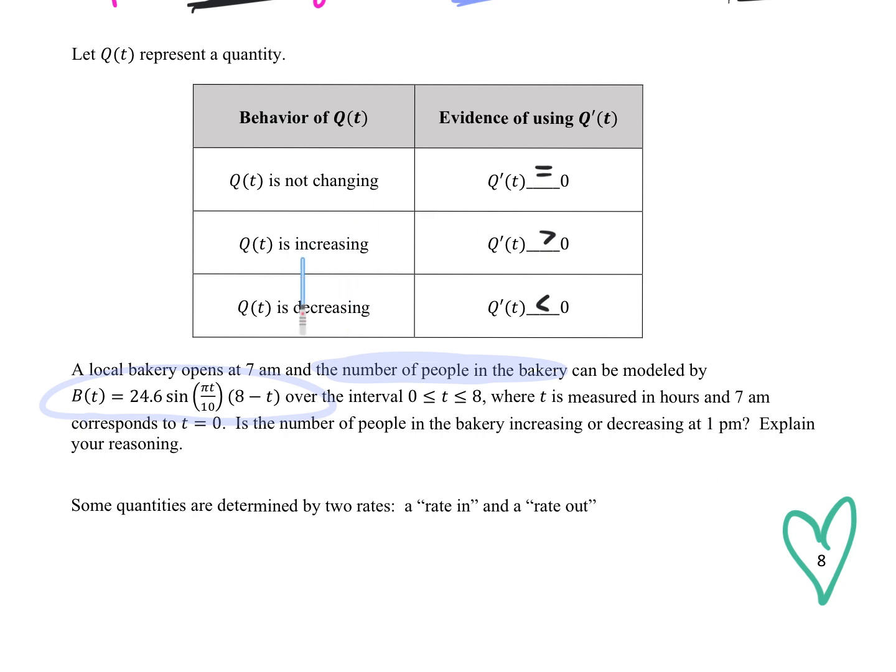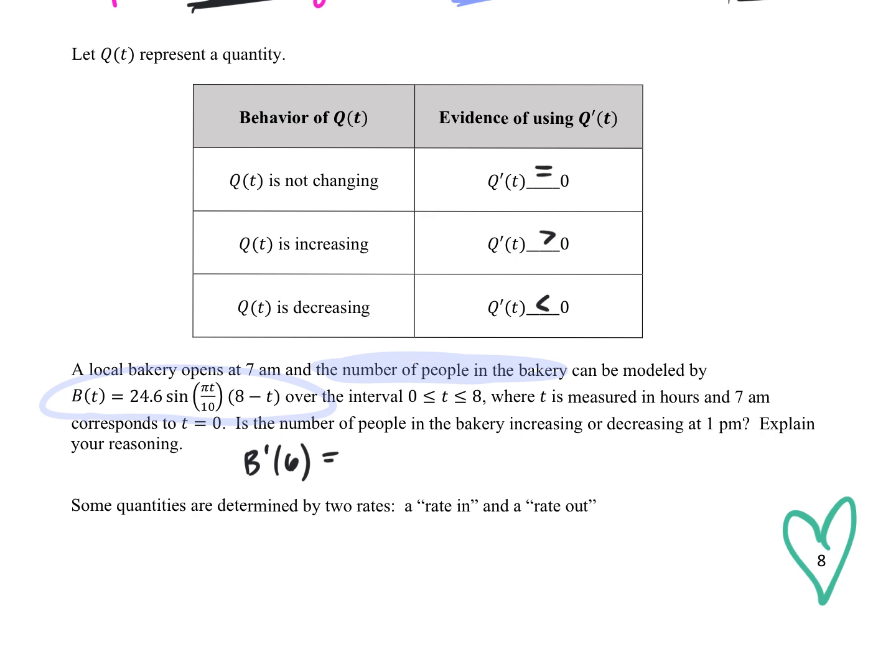If I want to know if the number of people is increasing or decreasing, what do I need to look at? B prime, exactly. So I need to look at the rate of people coming into that store. B prime of 6. Now, B prime of T would have been if I didn't have a calculator. I'm going to let my calculator do the work here and calculate B prime of 6.